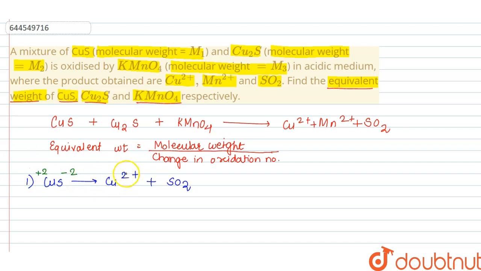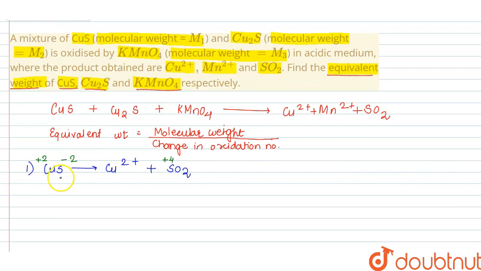In Cu2+, the oxidation state of copper is +2 and in SO2 the oxidation number of sulfur is +4. So when sulfur changes to SO2, oxidation number changes from -2 to +4. Therefore, the change in oxidation number is equal to +6.